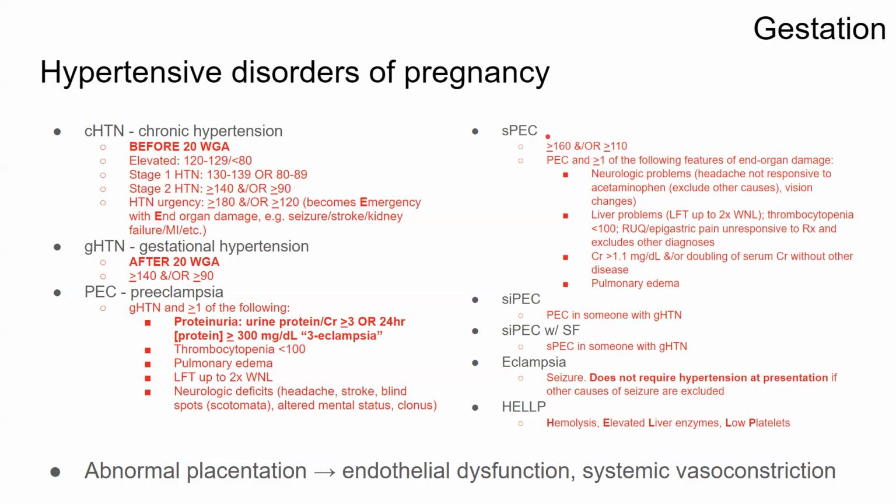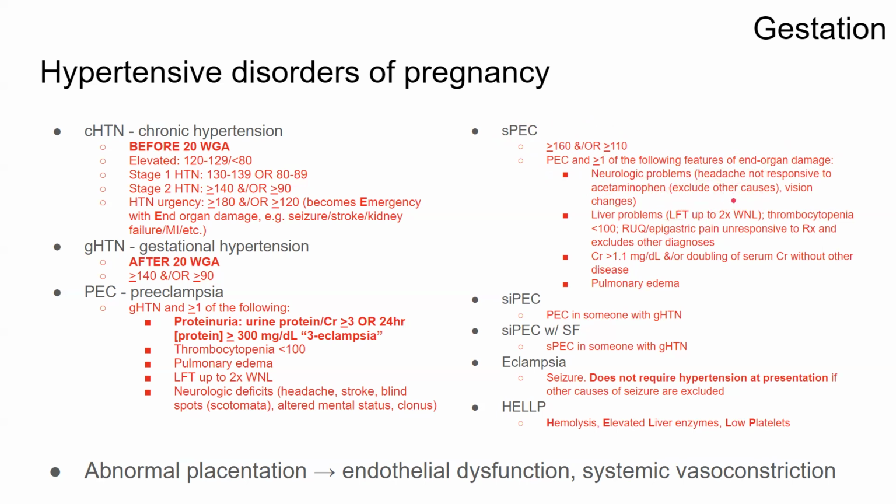Then you shift over into diagnosing severe preeclampsia, or preeclampsia with severe features. If their blood pressure is at least 160 over 110, you diagnose preeclampsia with severe features. Or you can make the diagnosis if they have preeclampsia and at least one of the following features of end organ damage. So neurologic problems, like we saw in the vignette, headache not responsive to acetaminophen, and you exclude other causes.